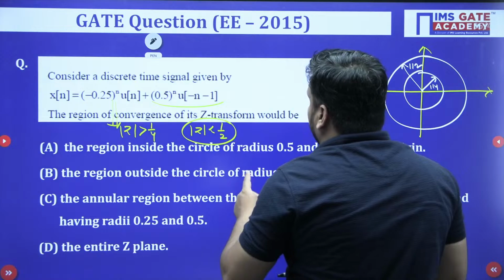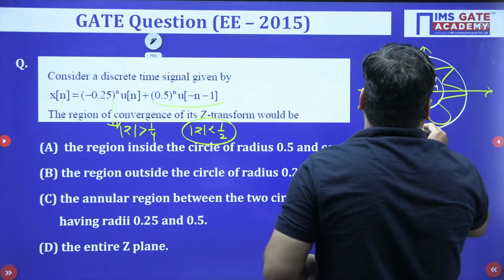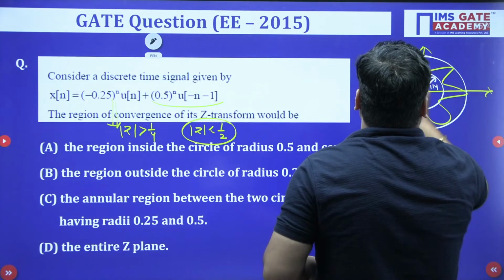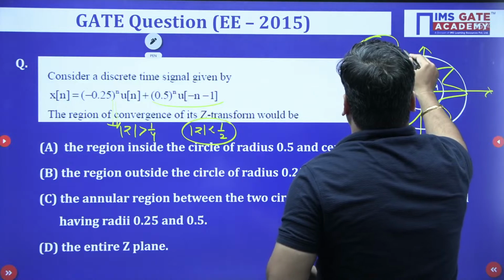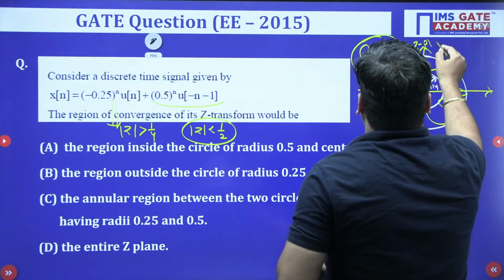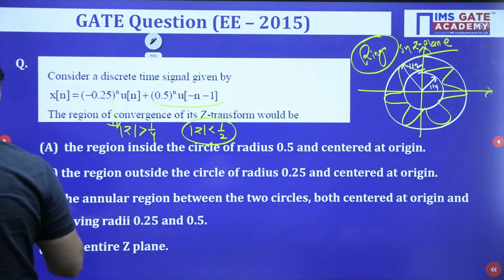Then mod of z less than half and greater than 1 by 4 means you will have a ring in the z plane. Say yes or no? For sure. So the correct answer is option number C, for Chennai.